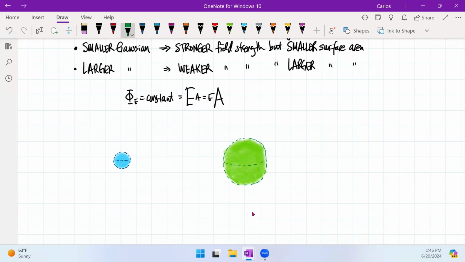So if I have a charge inside, then what I'm going to expect is that I'm going to have an E field that has to be larger. So physically, I have to have a large electric field. Because this is farther, got to have a smaller field at the surface.